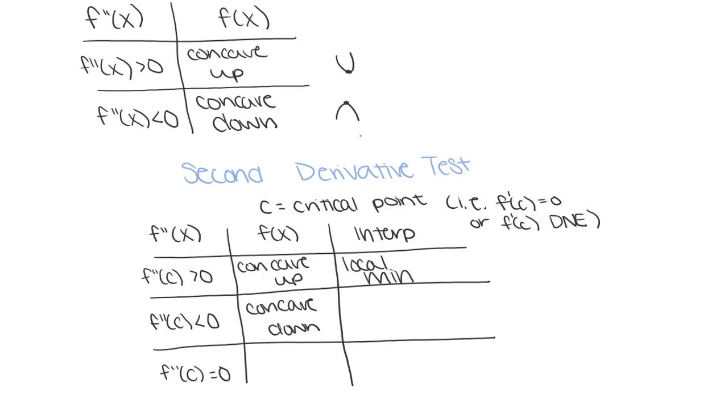Okay, and then same with concave down, that's going to be a local maximum. And when it's equal to 0, that's just going to be inconclusive. We can't really gather anything from when the second derivative is equal to 0. It's not actually meaningless, but we can't gather much from it.